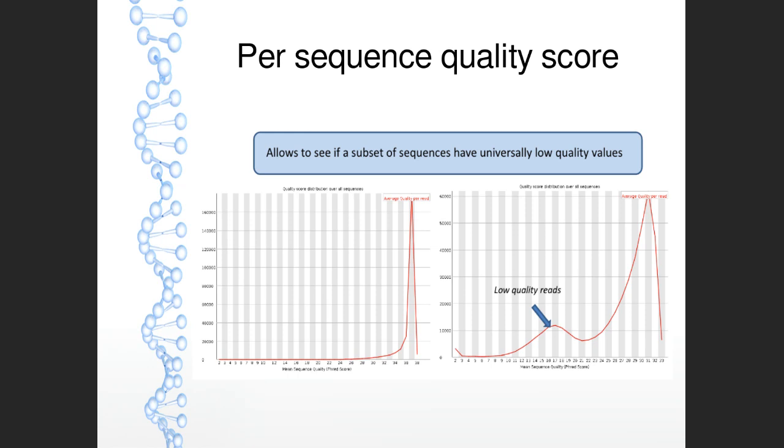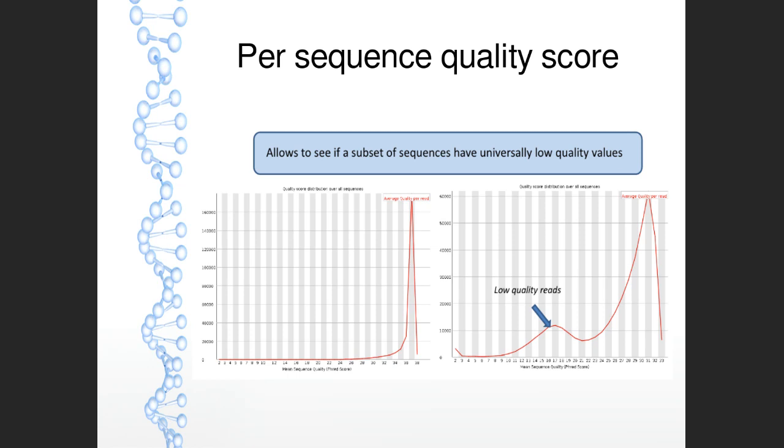On the left here, we have an example of good data where the vast majority of our reads, so many thousands in this case, have a mean quality of up in the high 30s, which is great.